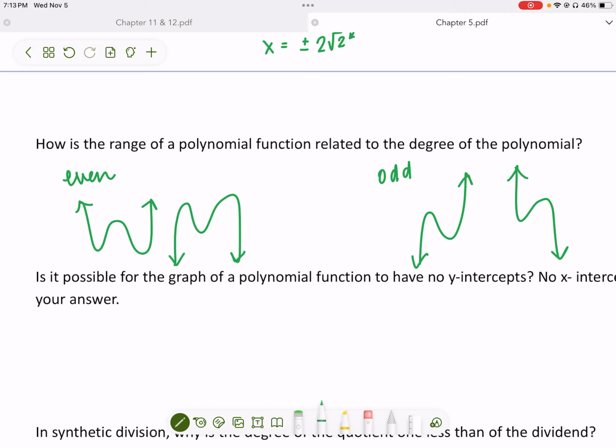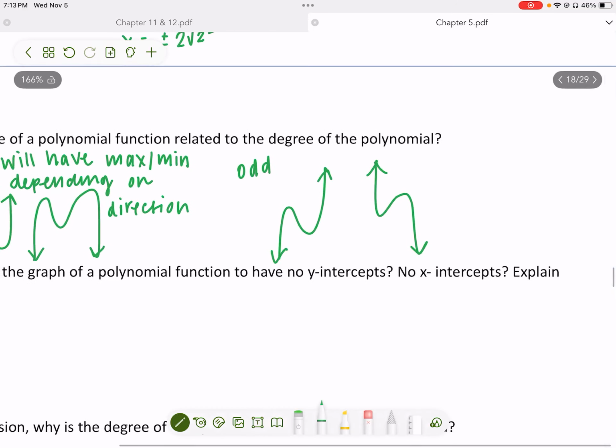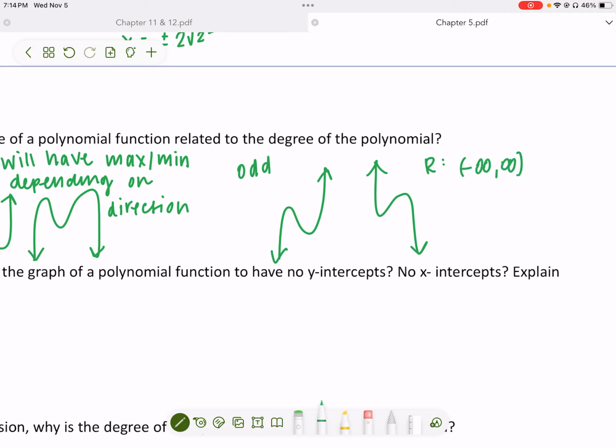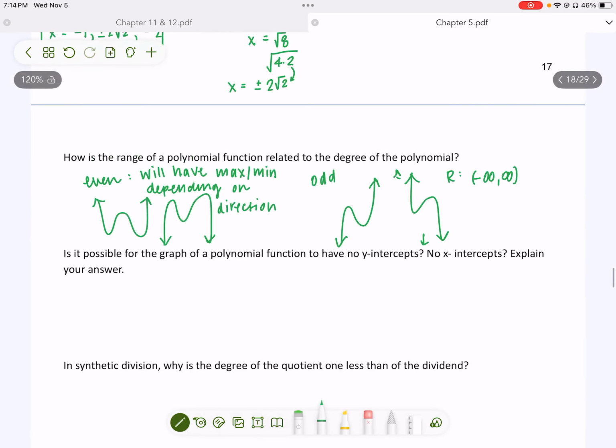So in even functions, you will have a max or min, depending on the direction. But odd functions always have a range of negative infinity to infinity, no matter what. They're always going to go up and down forever.